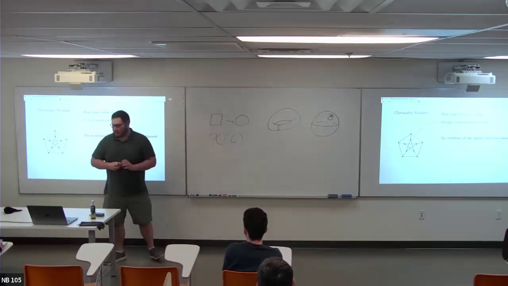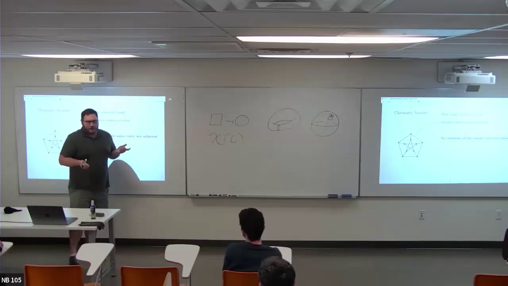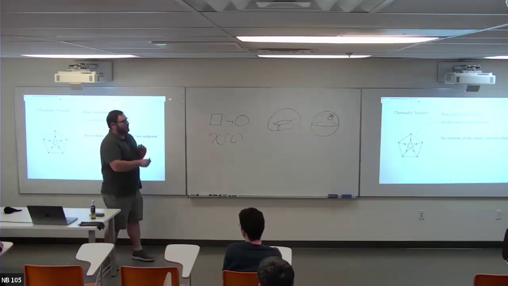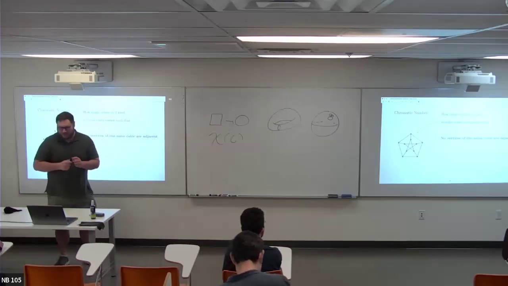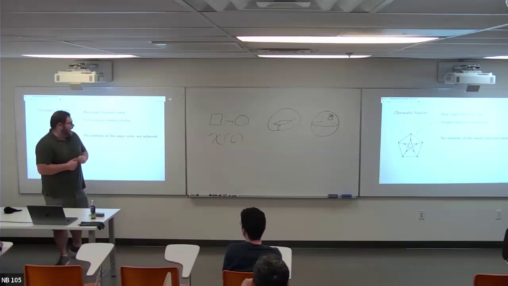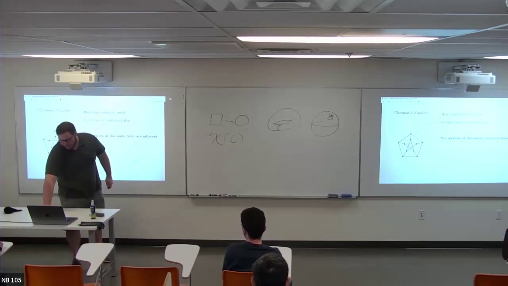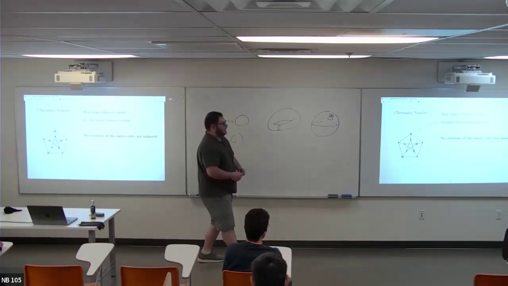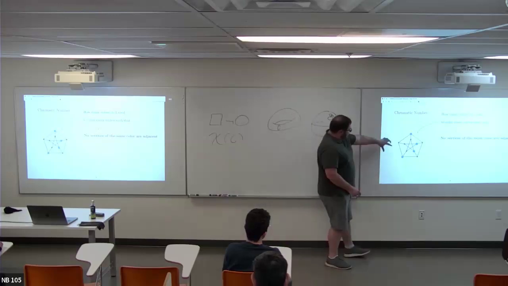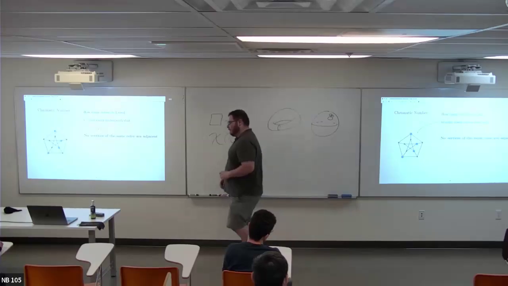This is the chromatic number of a graph. You hand me a graph and I have to play a game where I color the graph. I color every vertex of the graph in such a way that no two vertices of the same color are adjacent. So first I color these in blue, and this is fine because none of the blue vertices are adjacent in the graph.